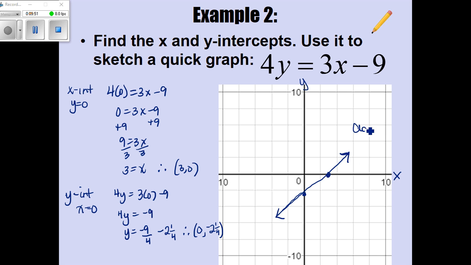So again, please use a ruler or a straight edge. It doesn't have to be a ruler, but it can be a straight edge like your notebook, or even your tablet or something like that can give you that straight line. So we found the x-intercepts, the y-intercept, and we did a quick sketch.